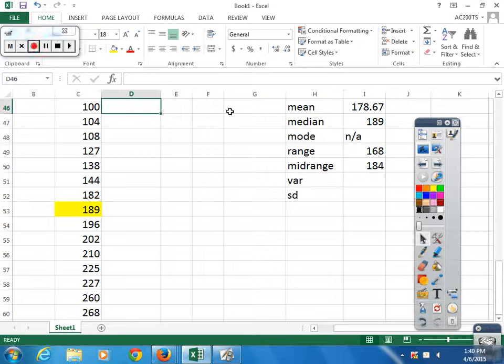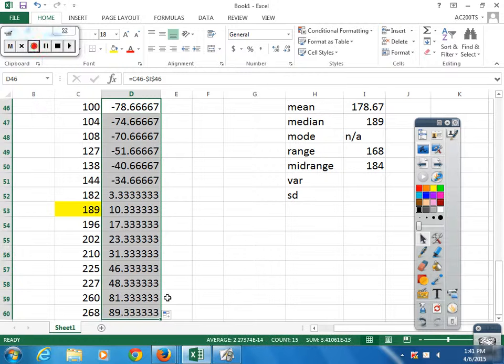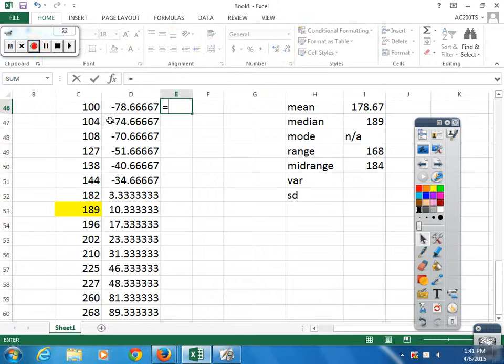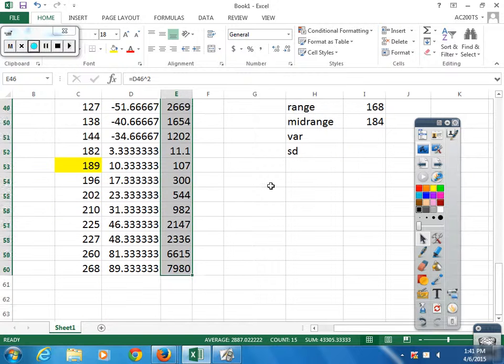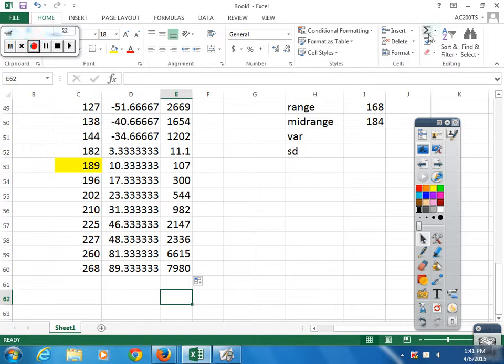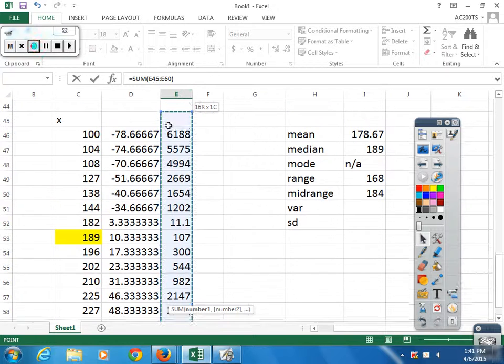Variance, well, we have to say x minus the mean, and this squared. That's equal to our numerator.